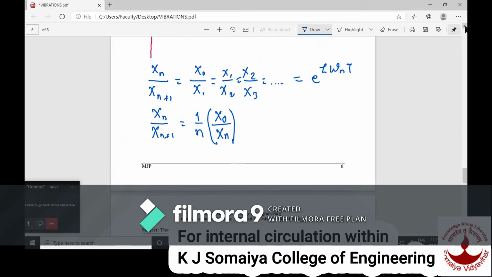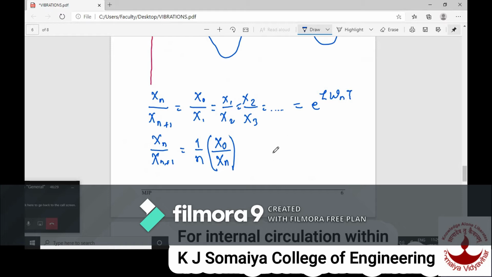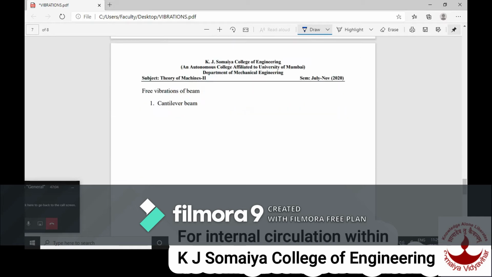If we are interested to find out the logarithmic decrement, which is represented with delta, it can be determined with the help of the natural logarithm of xn divided by xn plus 1, or this can also be written in terms of zeta into omega n into time period. So with the help of these two, we are able to find out the logarithmic decrement.